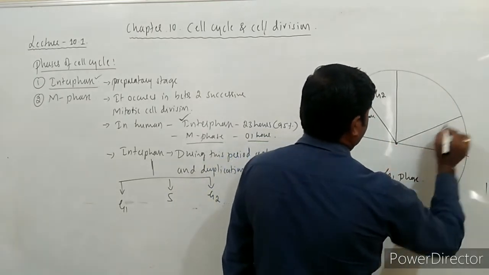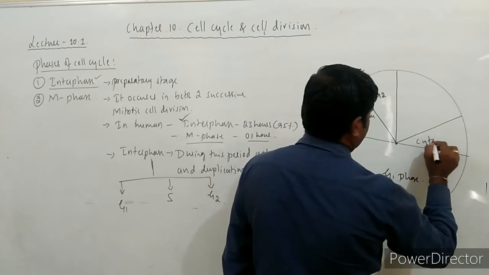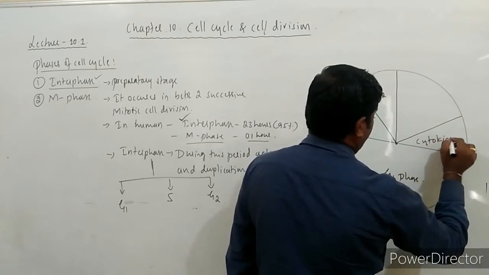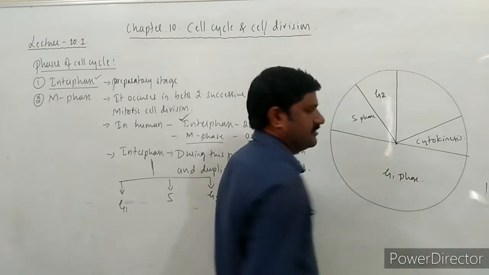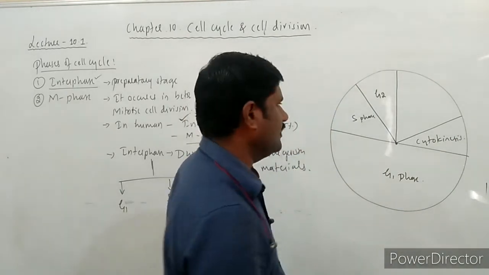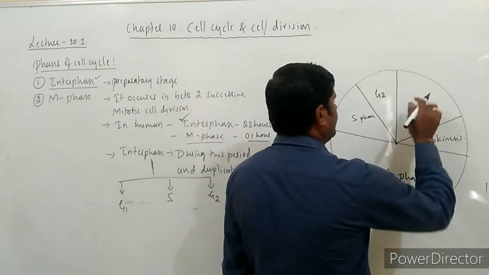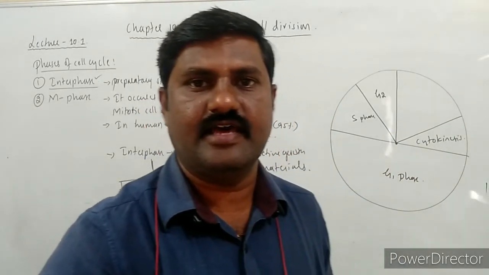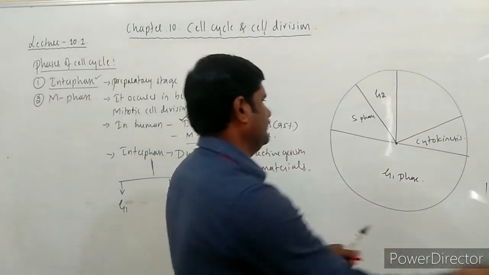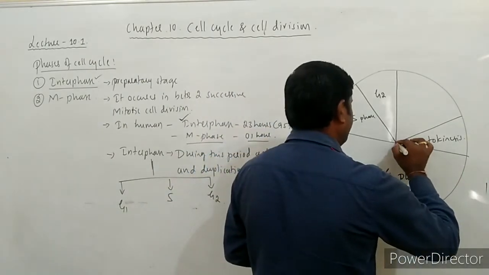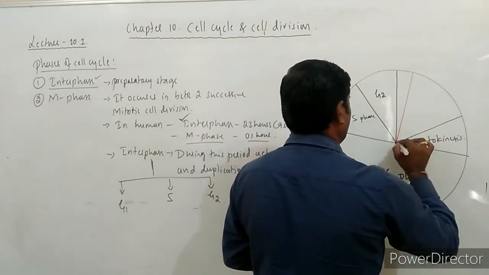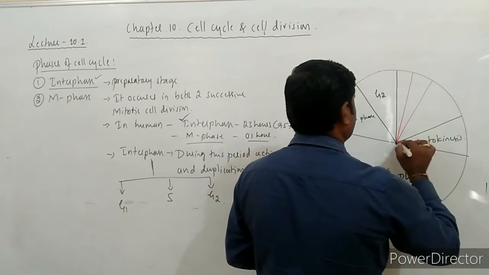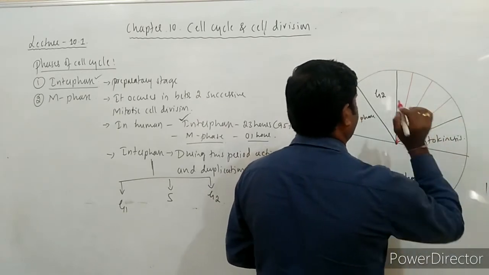After M phase, we come across cytokinesis. Cytokinesis, cell division occurs over here. Here you come across the M phase, that is mitotic phase. See here, 4 stages that you come across: 1, 2, 3 and 4.